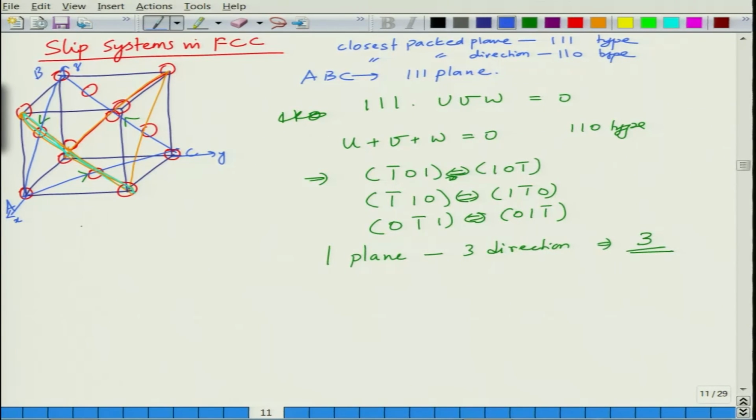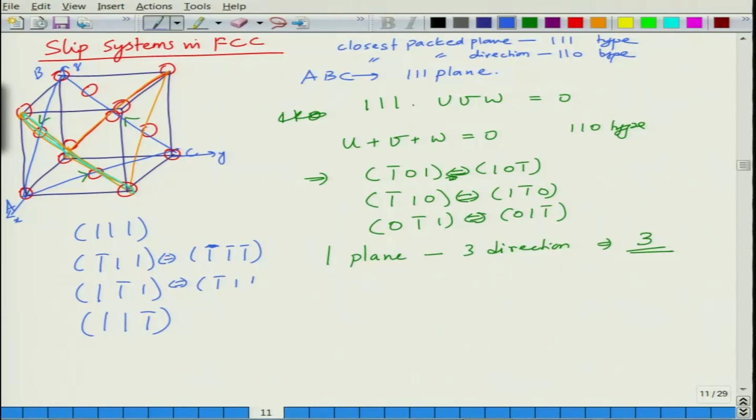So, let us write the combinations: you have 111, bar 111, 1 bar 11 and 1 1 bar 1. For 111 the opposite plane is bar 1 bar 1 bar 1, for bar 111 it is 1 bar 1 bar 1, and so on. So, you have 8 possibilities because you have 8 vertices, but they are pairwise equivalent. As a result you will have a total of 4 planes.